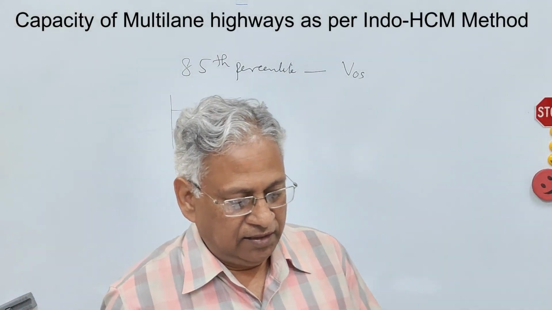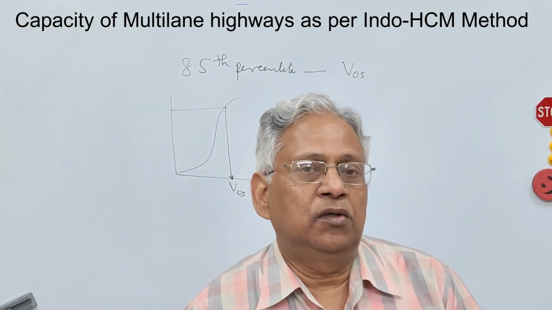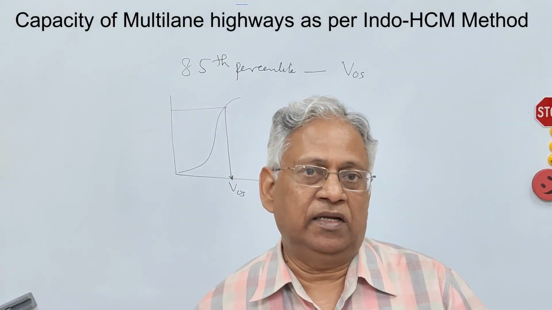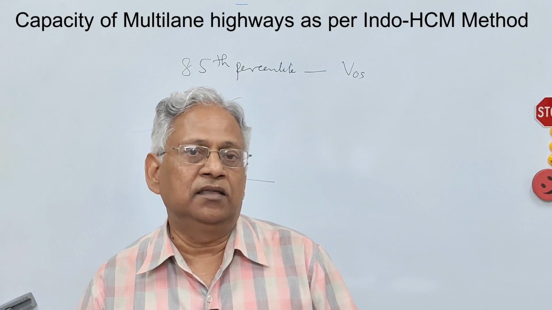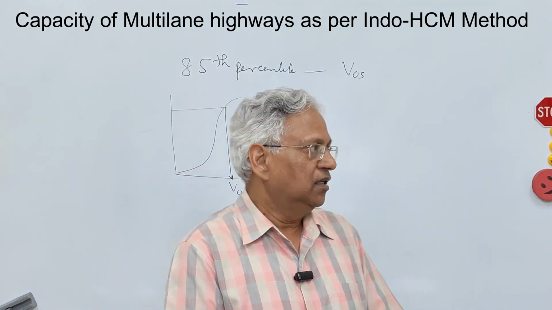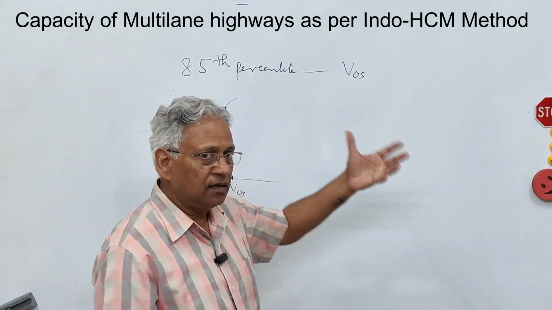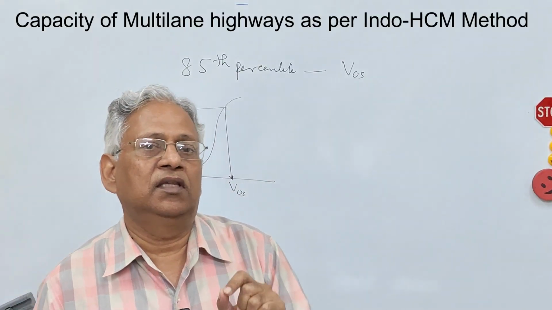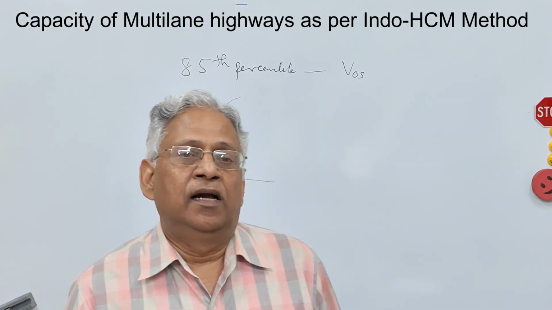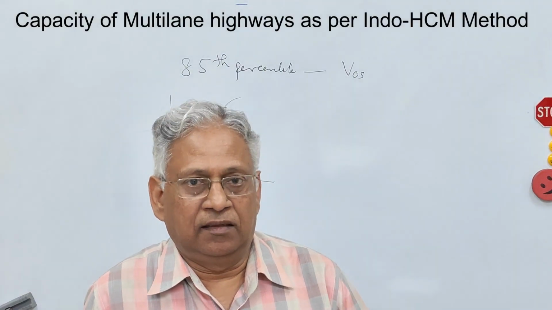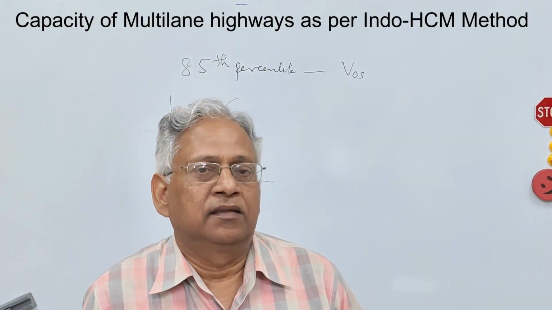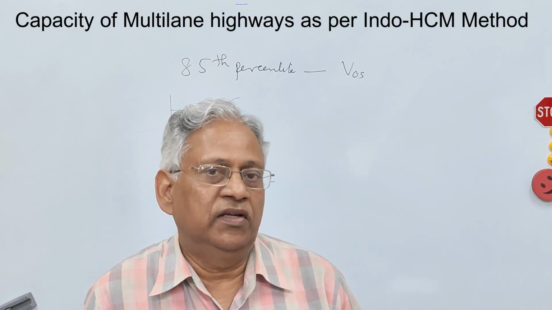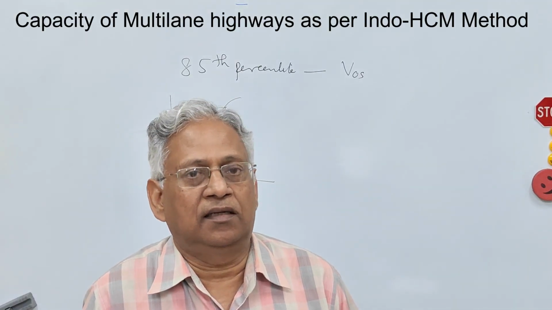Then this VOS, as I told you, is under base conditions because you have taken a straight section and free flowing condition. Now in the third step, this operating speed is adjusted for the local conditions. Three conditions are taken in the manual: the gradient, the curvature, and the IRI.